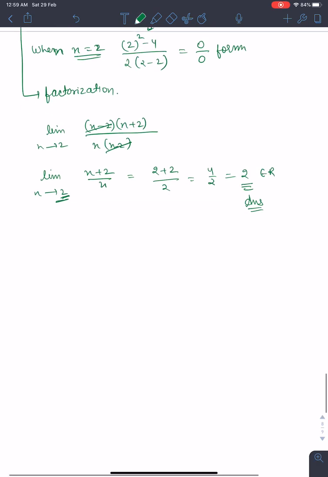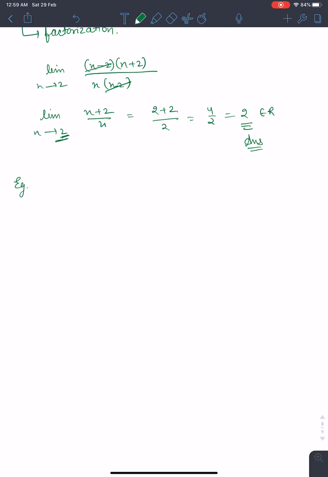Clear? Let's take one more example for this kind. Let's say I have given limit x tends to root 2 of x square minus 2 upon x square plus root 2x minus 4. So use the direct substitution method again.